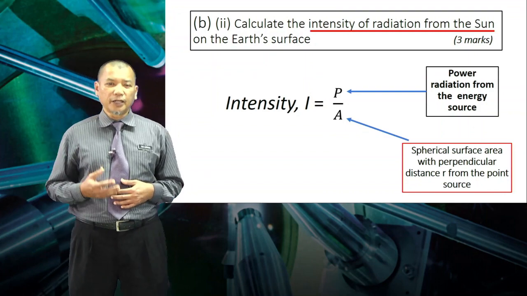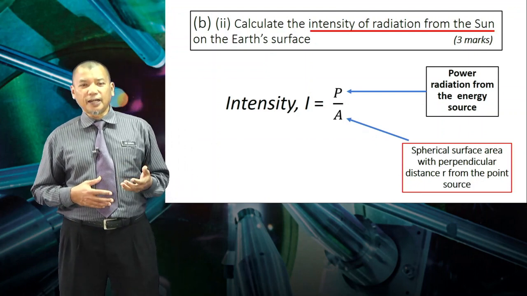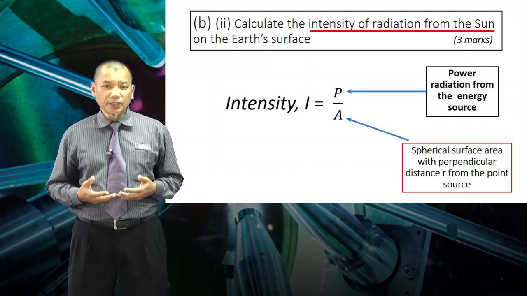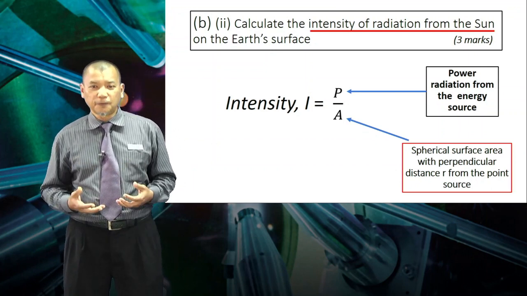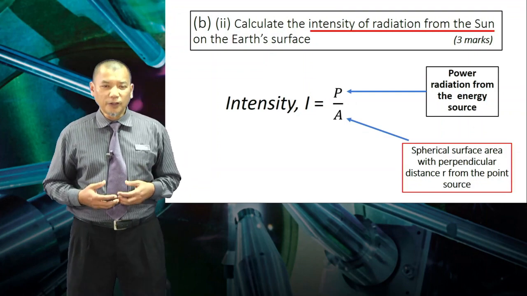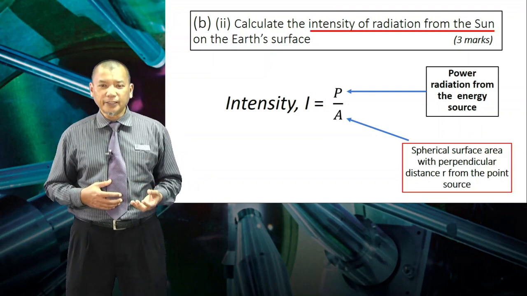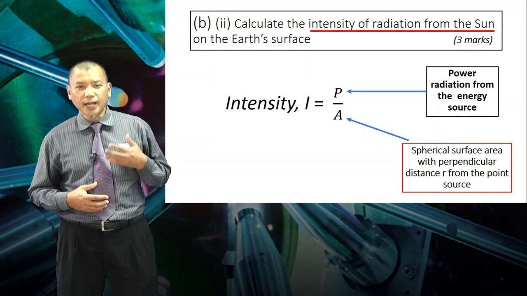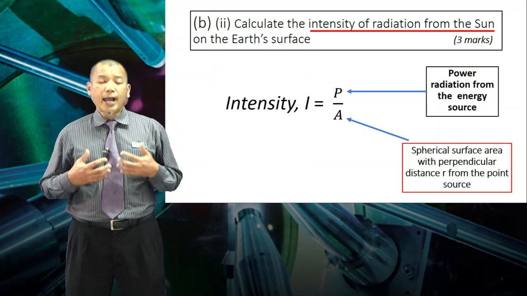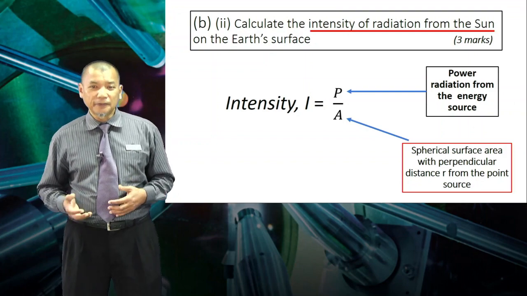The intensity is the rate of energy transferred per unit area in the direction of wave propagation. It mentions the rate of energy transferred, which is equal to the power. Therefore, intensity means power per unit area perpendicular to the direction of wave propagation, or I is equal to P per A.